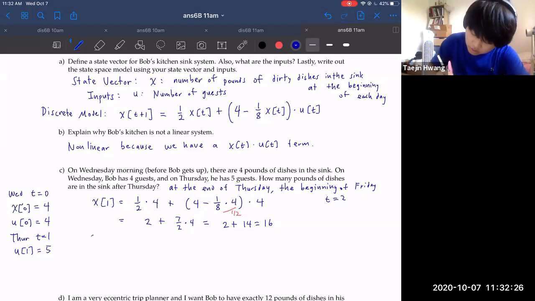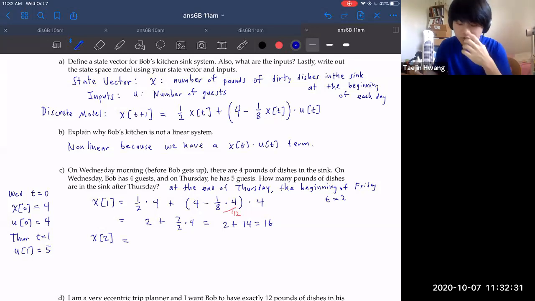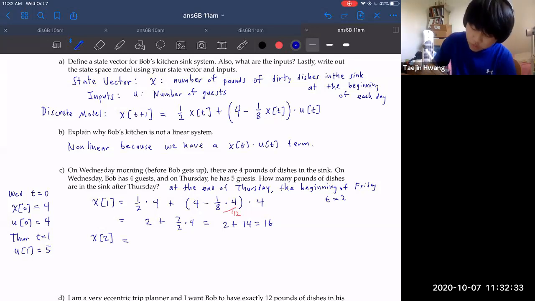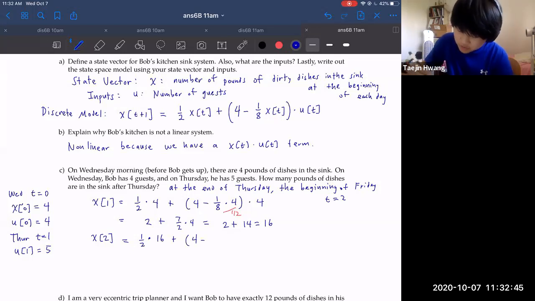And then we want to find what x of 2 is, and it's just going to work the same way, where we plug in t equals 1. So it's just going to be 1/2 times x of 1, which we now know is 16. It's very similar to recursion or dynamic programming, if you've ever seen it.